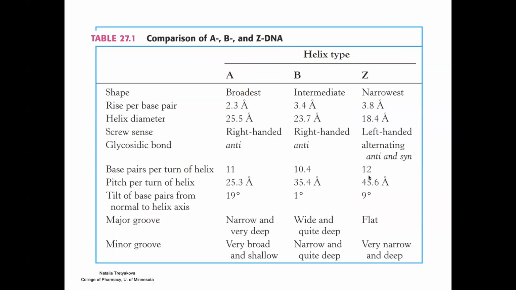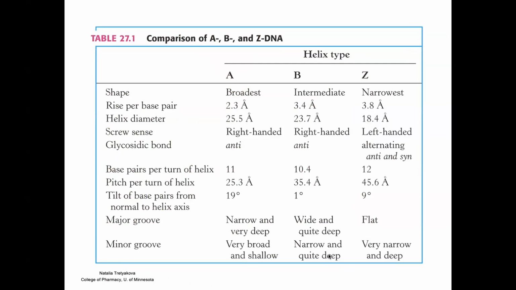And again, those altered twisting patterns alter the nature of the grooves for either A, B, or Z relative to each other. So for B DNA, wide and deep for the major groove, narrow and deep for the minor groove. And deep in the sense that you can read all of the information within the molecule, the sequence of bases within the nucleotides.